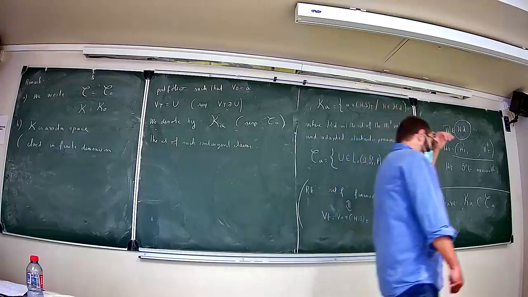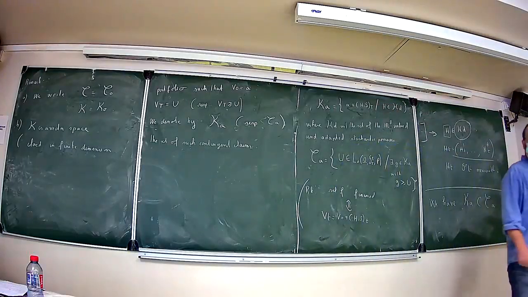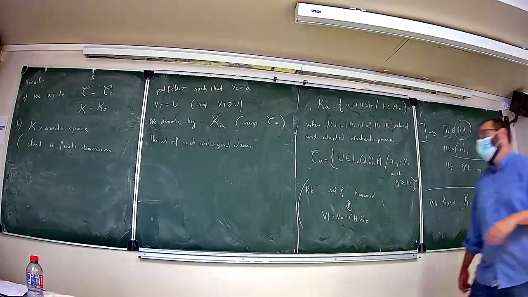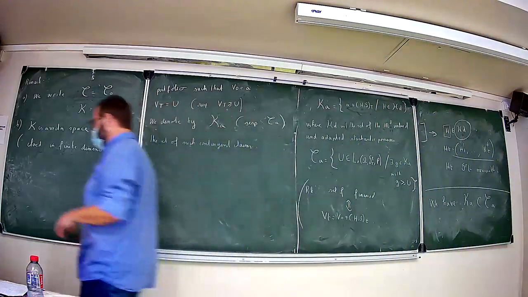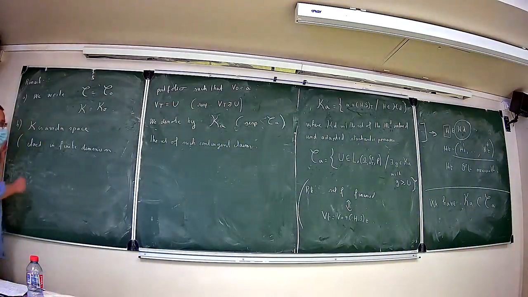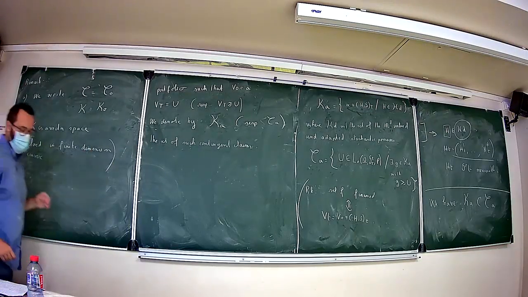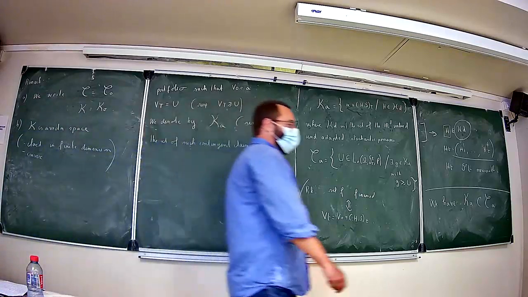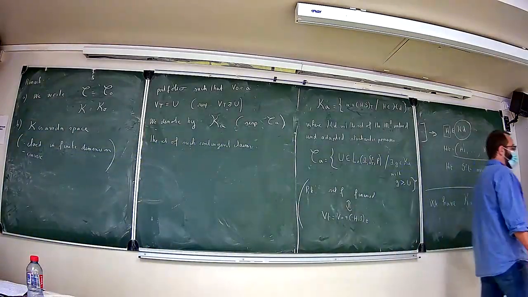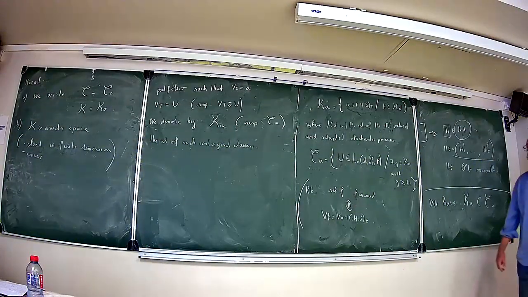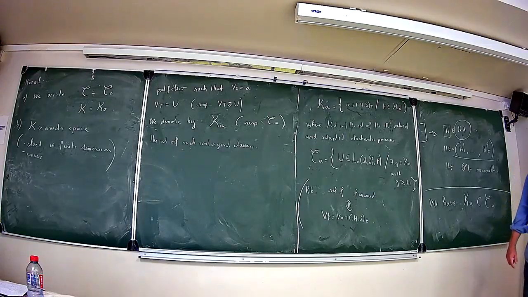Okay? So I am closed because I am a vector space, and something that is more classical for a vector space: I am also convex. I am also convex because I know that a vector space is stable by linear combination.